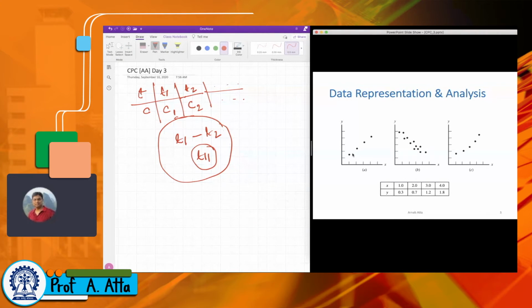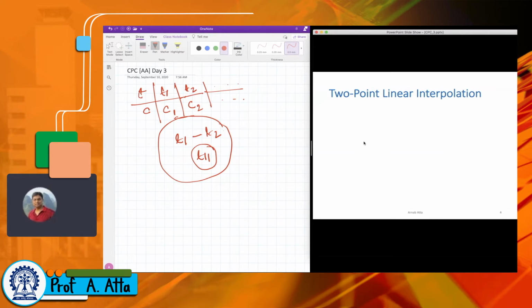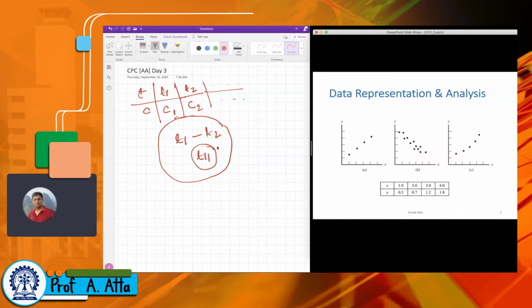Once you have it, you can put in your desired time, where you need the value, and you can get the concentration. Here the x axis is time and c is the concentration.